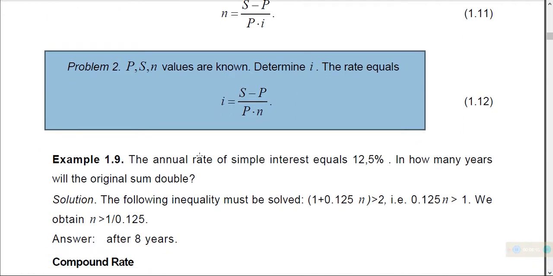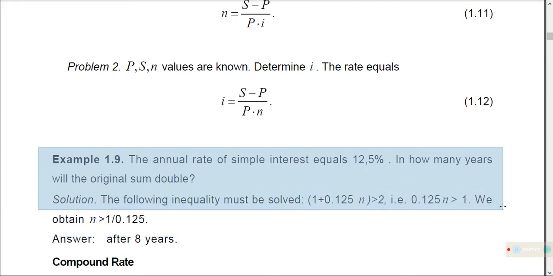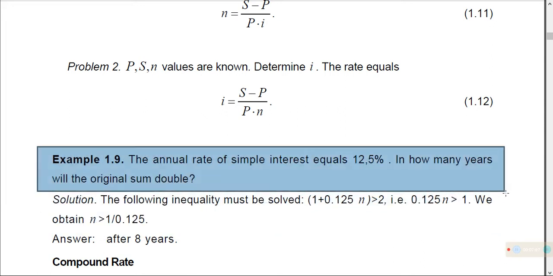So, nakalagay dito, the annual rate of simple interest equals 12.5. This is a typo error. This should be 12.5%, not 12.5. In how many years will the original sum double? Okay. So, copy natin siya dito.